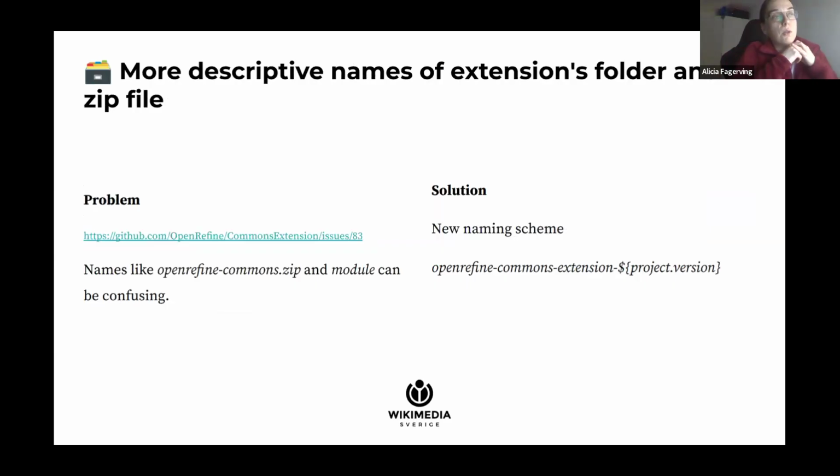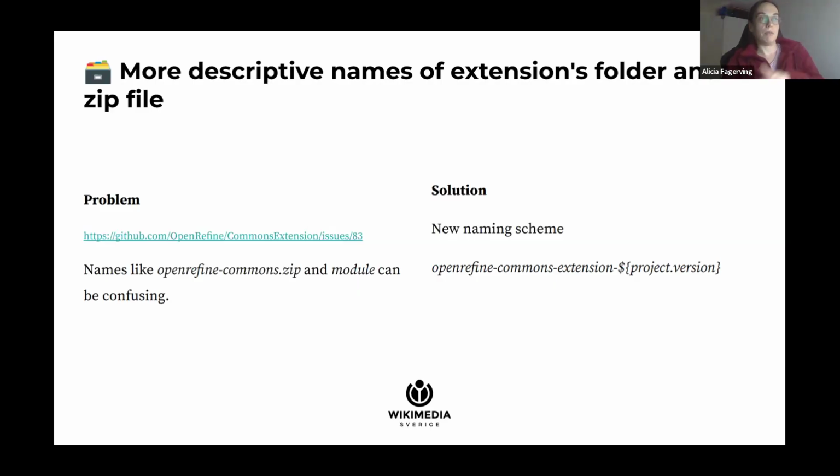For those of you who actually install the extension, there will be a new naming scheme to make it easier to figure out what those files and those directories actually are, and to make it easier to figure out where to put them, because OpenRefine Commons and module, that's not extremely user-friendly.